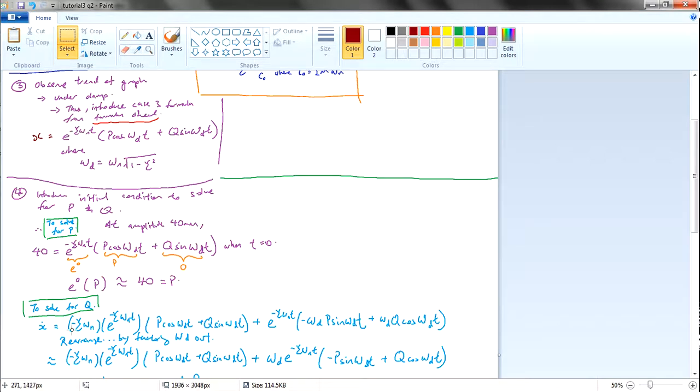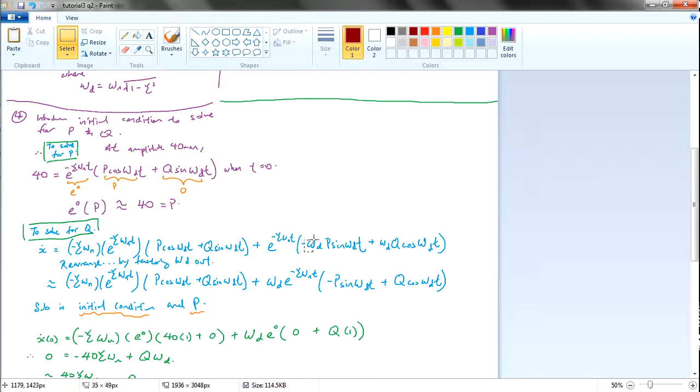So this minus omega will come down over here, and then this multiplied by this, and this will keep the same, plus I keep this, I don't differentiate this anymore, and then I differentiate the inner one, so the Wd will be multiplied outside. Because it's cosine to sine, so it's a minus, so minus Wd P sine Wd t, and so on and so forth.